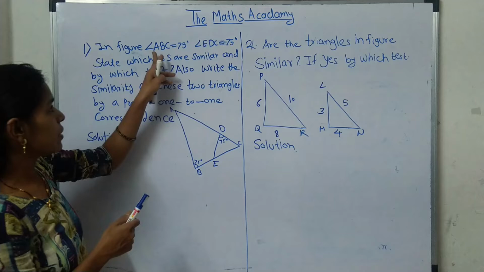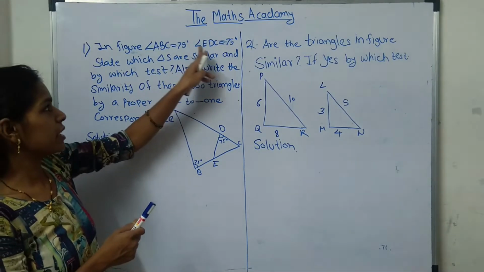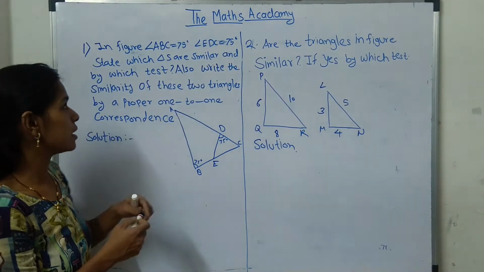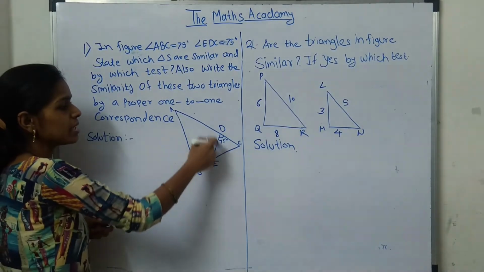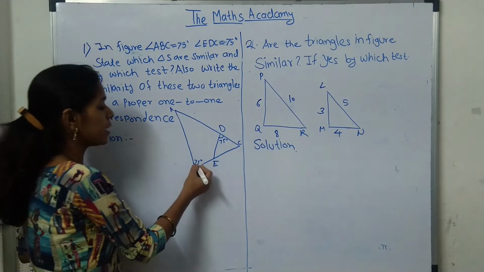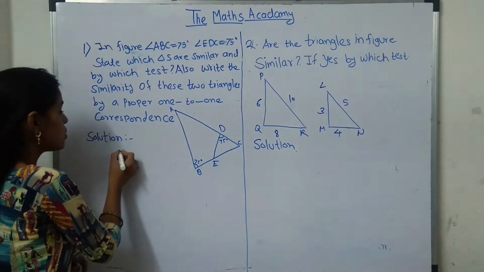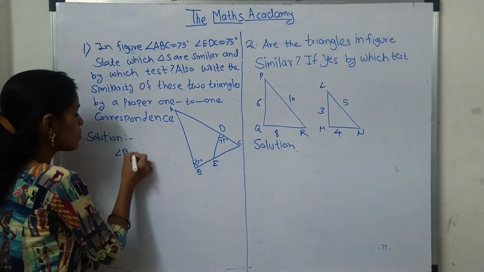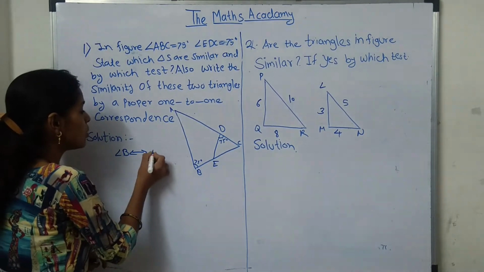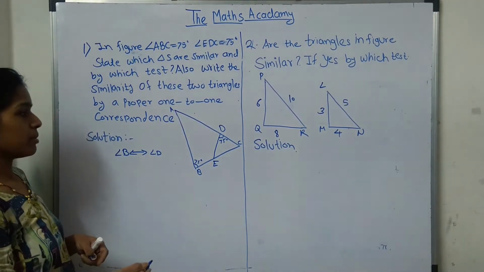First of all, we are given that angle ABC is equal to 75 degrees and angle EDC is equal to 75 degrees. So in triangles ABC and EDC, angle B is equal to 75 degrees and angle D is equal to 75 degrees. So angle B corresponds to angle D because they have equal measurement.